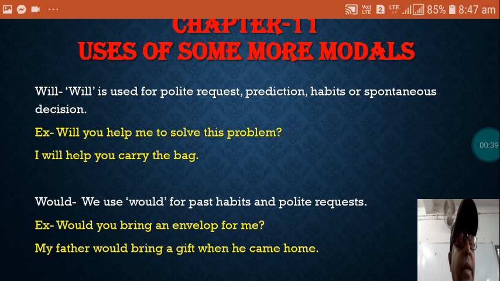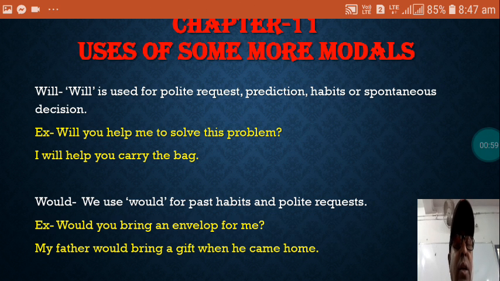I am sure that you are learning and writing down all these uses and explanations with examples in your copy so that it can help you to enhance and enrich your language.